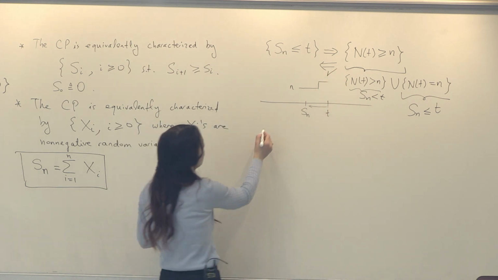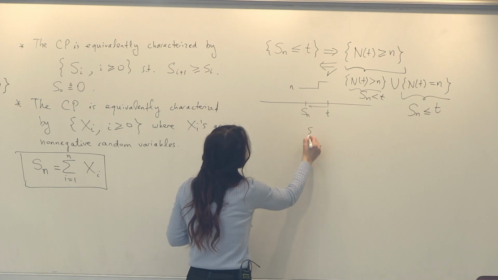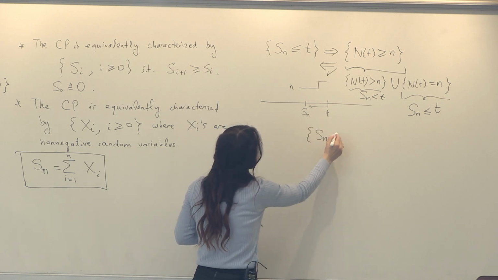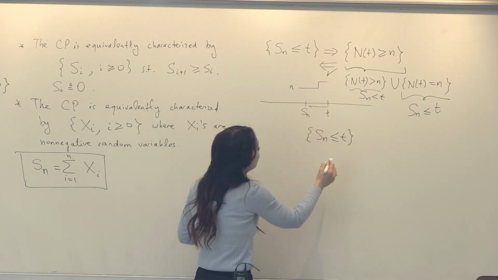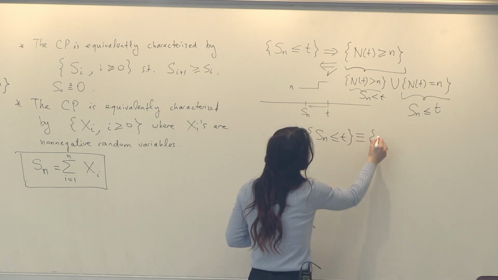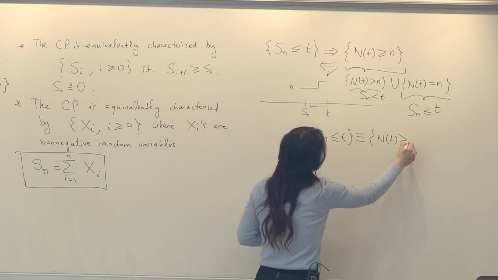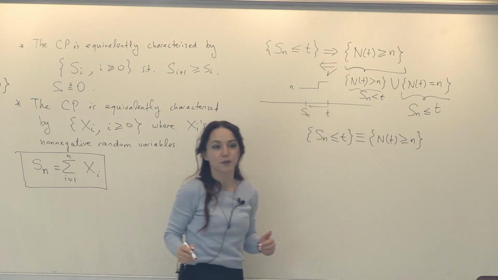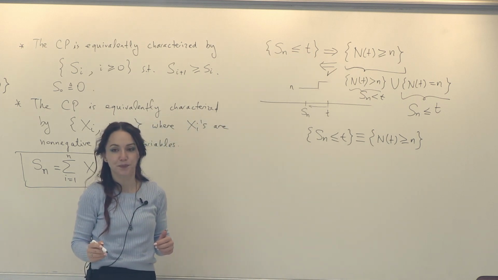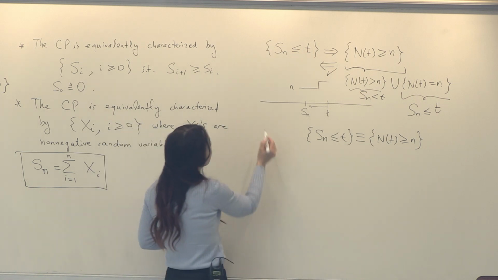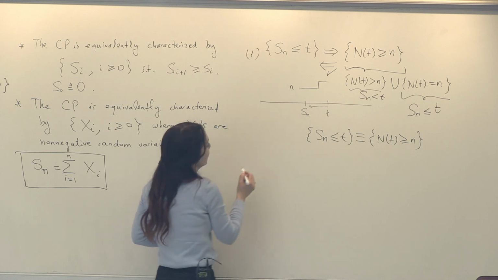So we have shown equivalence between Sn less than or equal to t and N of t bigger than or equal to n. Any questions? So let's call this number 1.